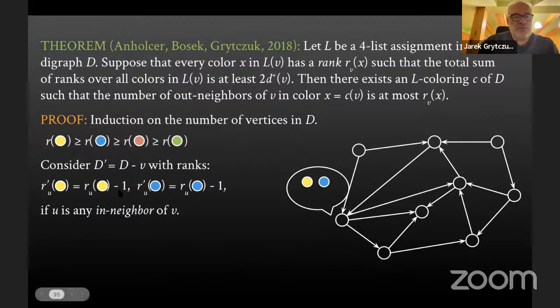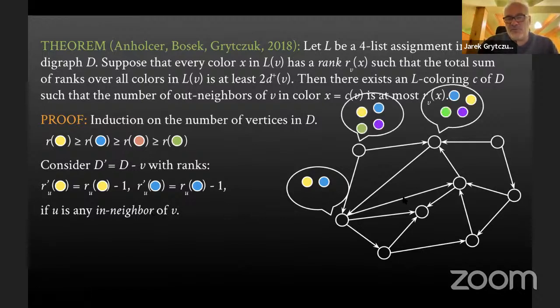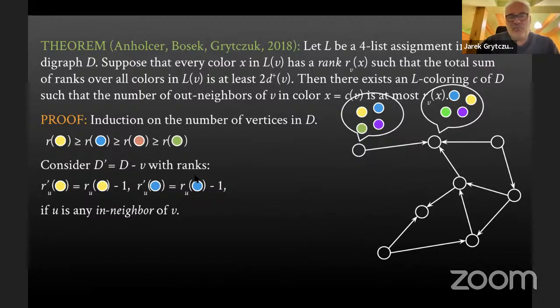The modification is just subtracting 1 from the previous rank in the list of any in-neighbor of the vertex V. So in this picture, we have 2 in-neighbors of our vertex. And if these 2 colors are in the lists of these vertices, when we remove this vertex, we need to modify the ranks of these 2 colors in our new digraph just by lowering them by 1. And nothing else is changed.